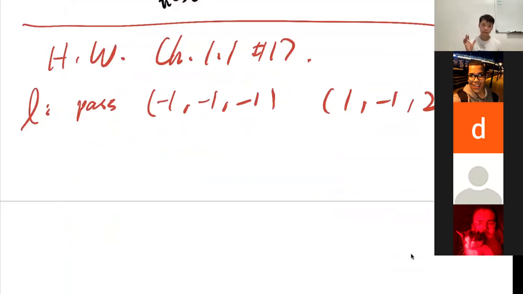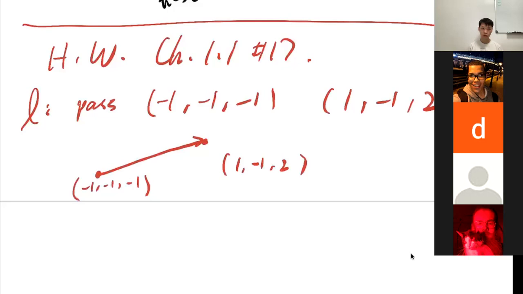If the line passes through these two points, one thing you know is that it's parallel to the vector that connects these two points.